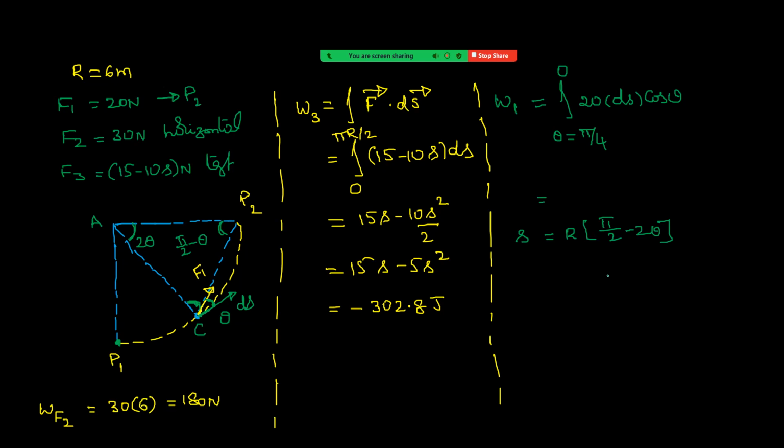We want the ds value, so differentiate this: ds equals R into 0 minus 2 into d theta. R value is 6, so it is minus 12 d theta. Substitute that here, taking minus 12 and 20 outside: minus 240 times the integral of cos theta d theta. Now simplify this.